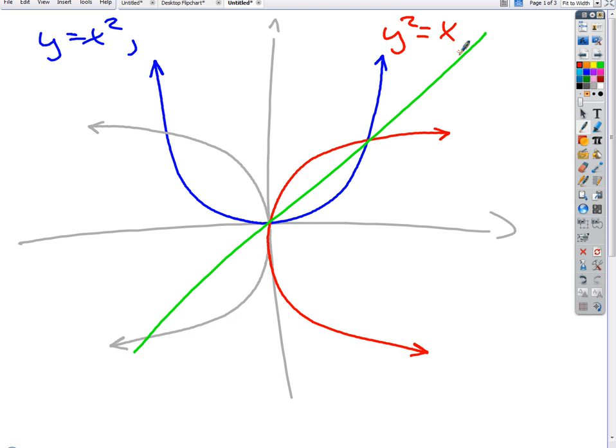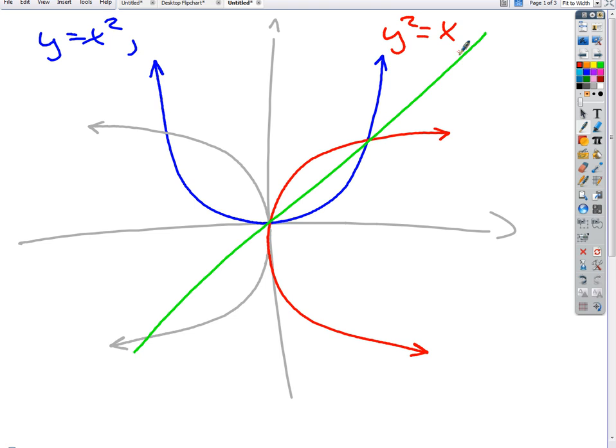Now, is the blue parabola that we started with a function? It is. How do we know that it is? It passes the vertical line test. Any vertical line that passes through the blue parabola only intersects it once. But is the red parabola a function? No, it's not. It's going to intersect any vertical line twice, and so that's not a function.